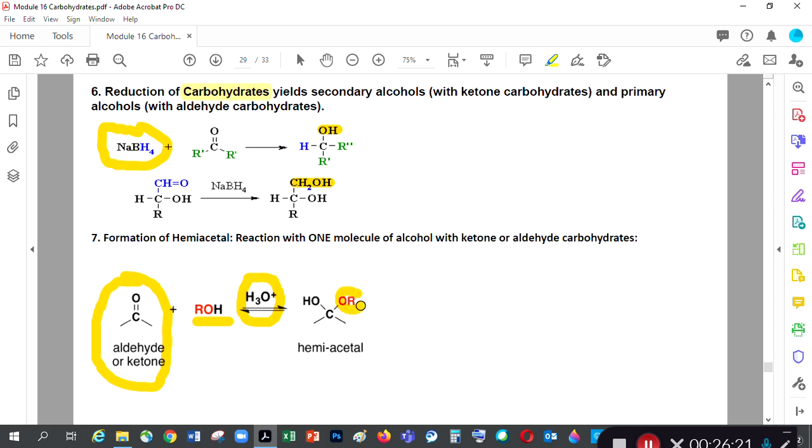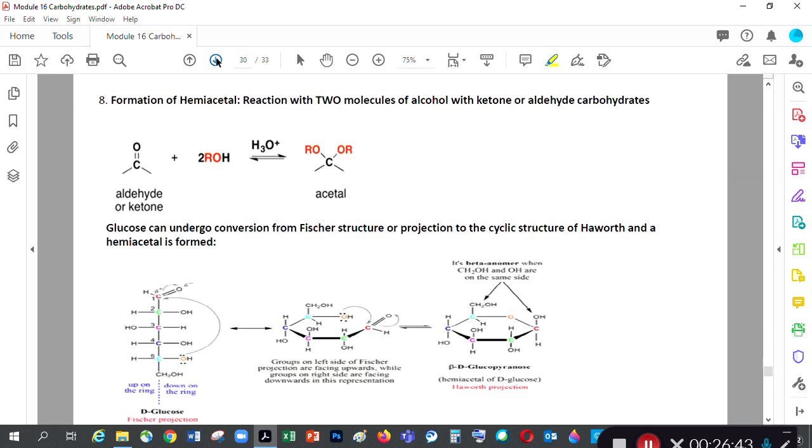It has one OR and one OH. This is called hemiacetal. If I have two ORs, meaning I have to add here two molecules, then I will have to take this one out, and this is an acetal or ketal. That will come in the next slides.